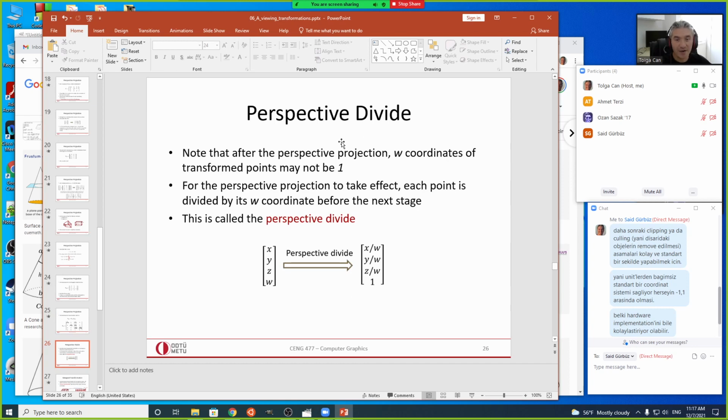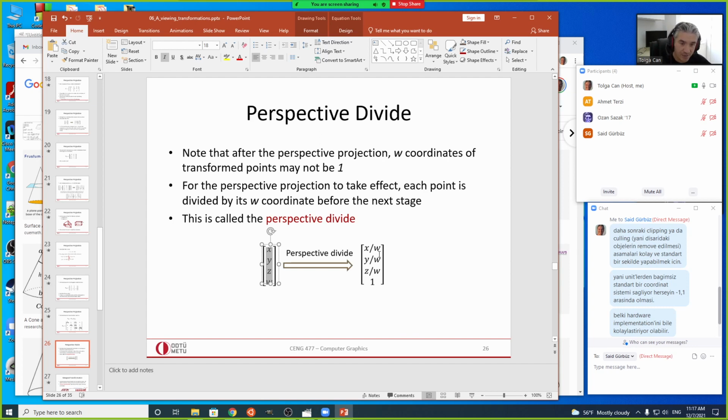The perspective divide that I mentioned is performed afterwards. After the perspective projection, the W coordinates of the transformed points will not be 1. For the perspective projection to take effect, each point is divided by its W coordinate to get back to 3 dimensions. This process is done again on the GPU automatically in the forward rendering pipeline in parallel.